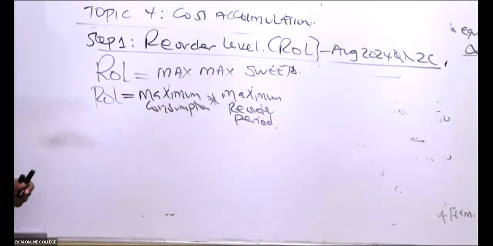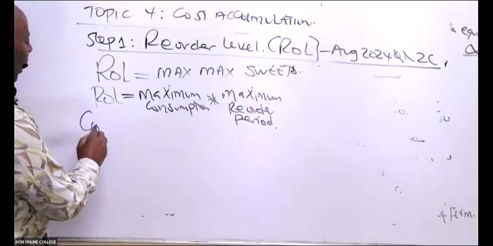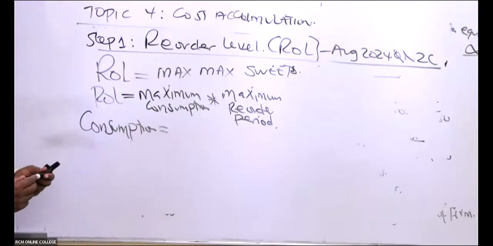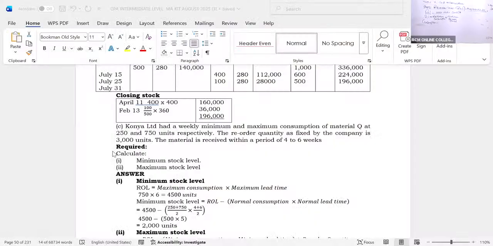So then please give me the consumption. This examiner has given me the consumption, the number of units we shall be consuming. So are you able to see the consumption? We have minimum and maximum consumption, 250 to 750. How about reorder period? Remember, reorder period is 4 to 6.